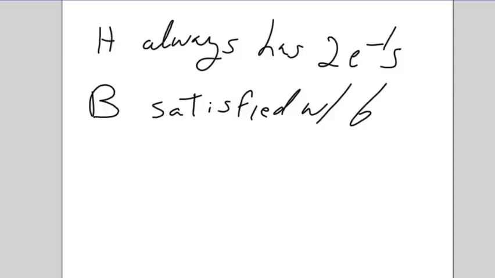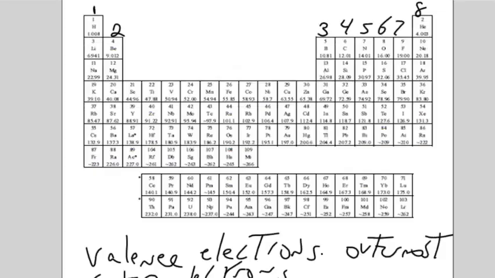Now, if you look at the periodic table, the octet rule comes about because 8 is a filled shell, right? 8 is where it's stable. 2 s's, 6 p's, stable. These elements here, carbon, nitrogen, oxygen, fluorine, neon, are never going to break the octet rule ever.